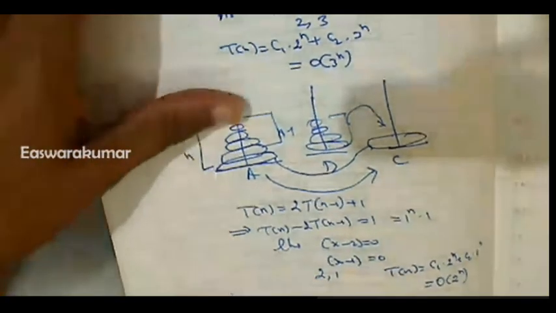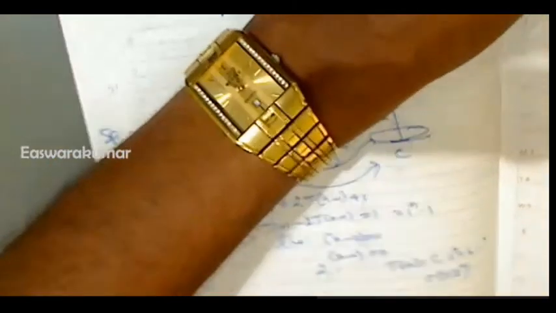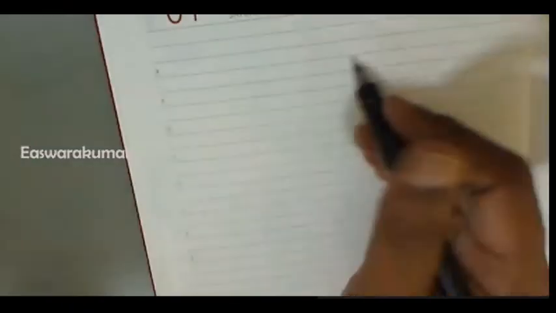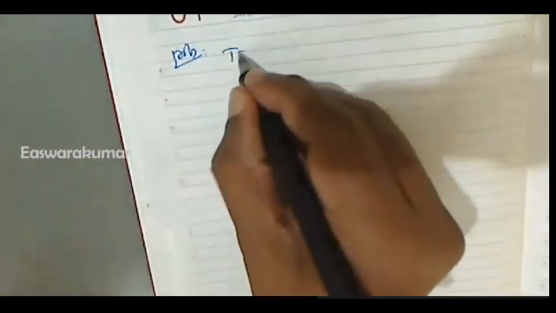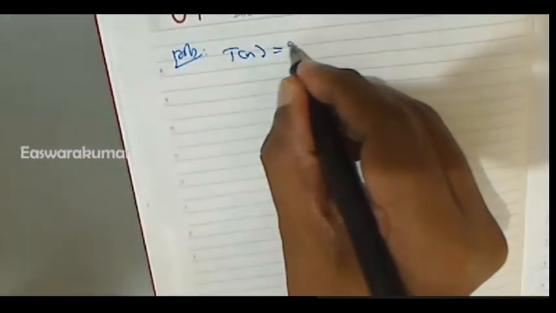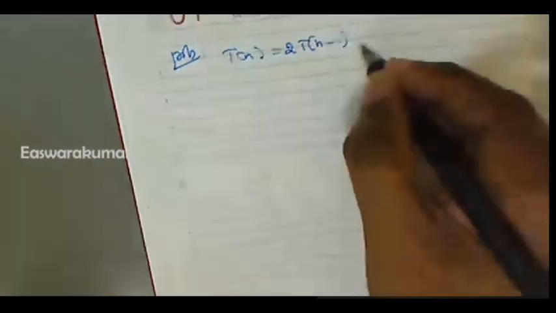Okay, one more example we take. Let us assume that the recurrence equation is T of n is equal to 2 times T of n minus 1 plus n times 2 power n plus n square.